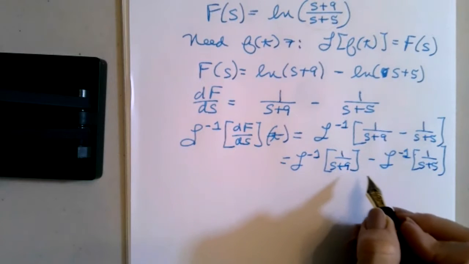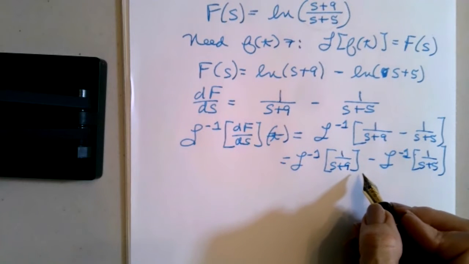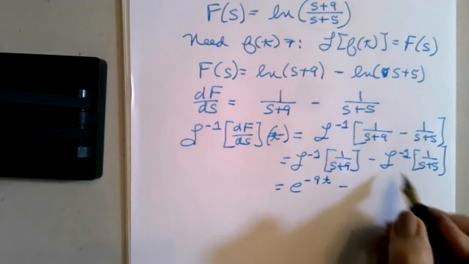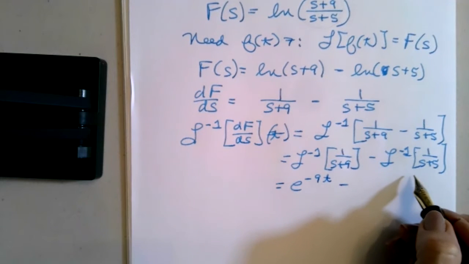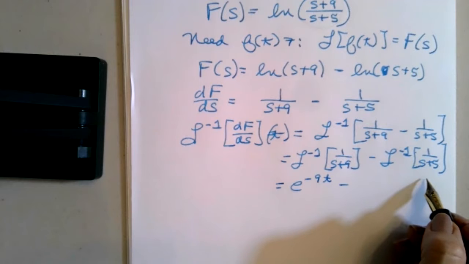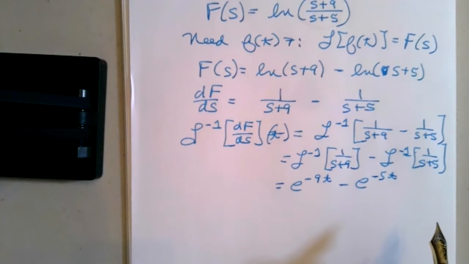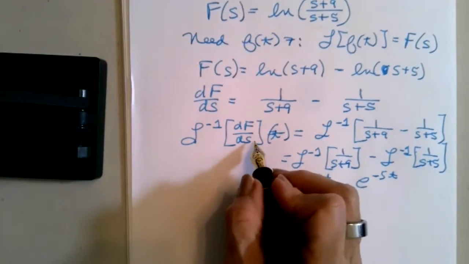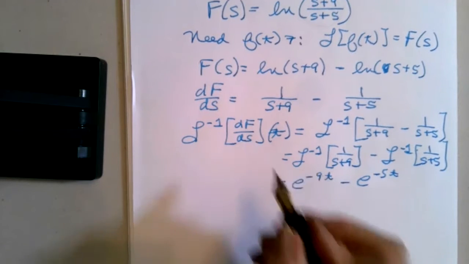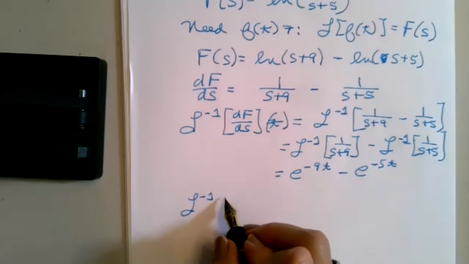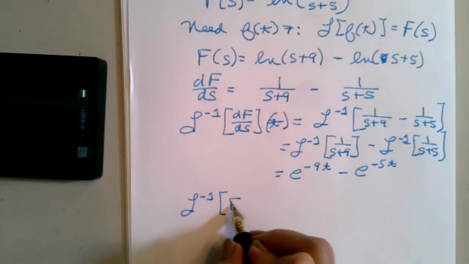If you look up 1 over s plus 9 in the table, you will get e to the minus 9t. And then it's minus, you just copy it down, it's linear. And then if you look up 1 over s plus 5, you get e to the minus 5t. So that's the inverse Laplace transform of the derivative of F.